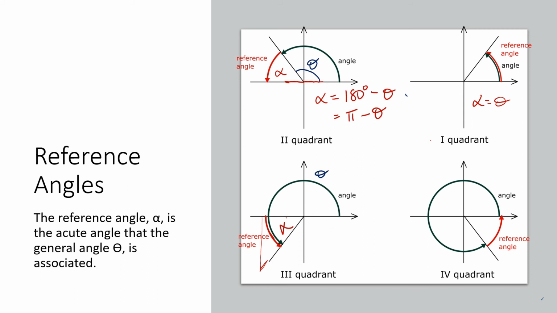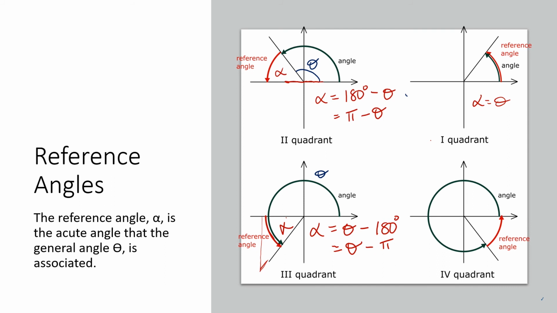So how do these two relate in our third quadrant? In our third quadrant, alpha is actually equal to our general angle minus 180 degrees because the general angle is greater than 180 degrees by our reference angle alpha, and in radians this would be the general angle minus pi.